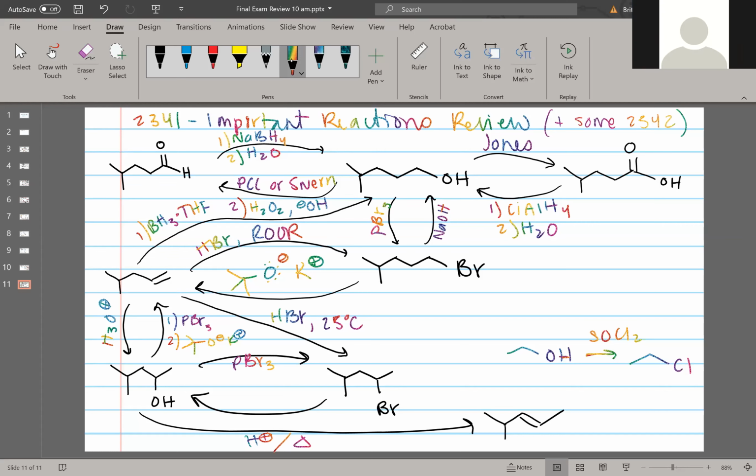Sodium hydroxide? Yeah. Since it's secondary, it's going to be a lot more likely to eliminate. So I'd probably do aqueous base to try and promote substitution, but yeah, that wouldn't be a super great reaction.